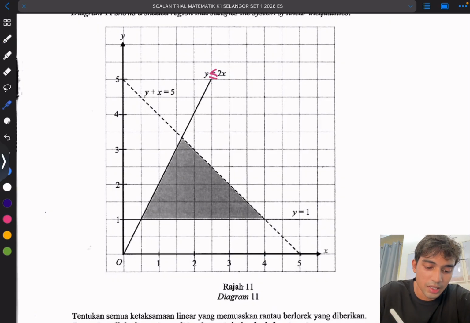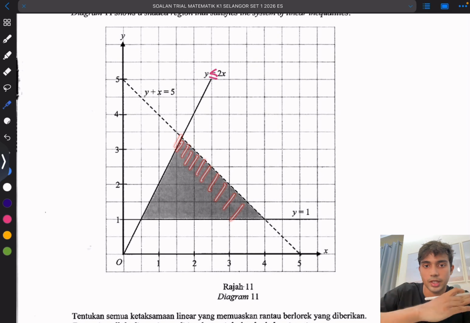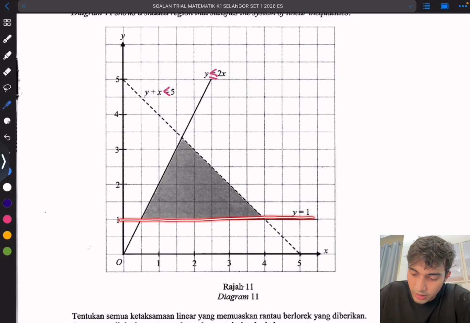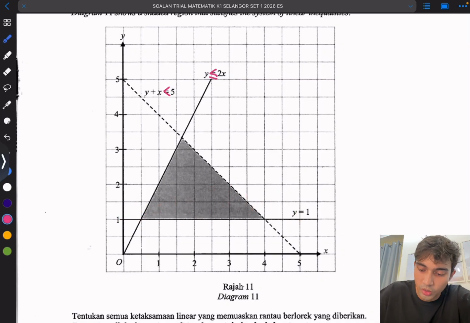If it's a dotted line, then just less than. So here this one is a dotted line, and this one is also under the line, below. So less than. This is a solid line, and this is above the line. So this has to be more than or equal to. More than because it's above, equals to because it's a solid line.